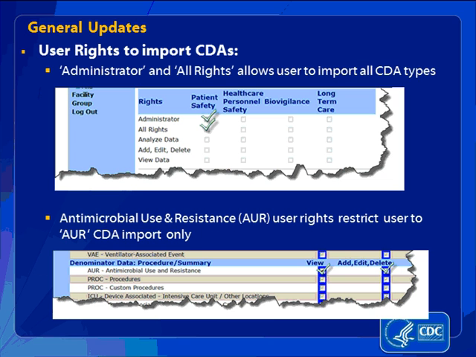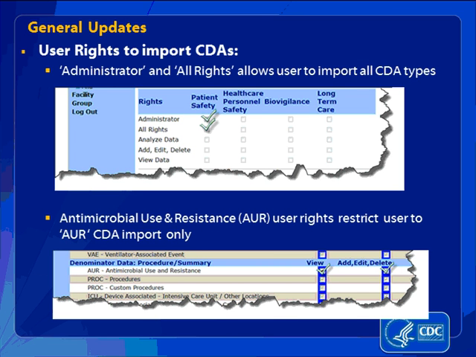We still get this question quite often, so just want you to update your help desk. The user rights to import CDAs: you have to have administrator and all rights allows users to import all CDA types, which would be like your BSI, UTI, and so on.